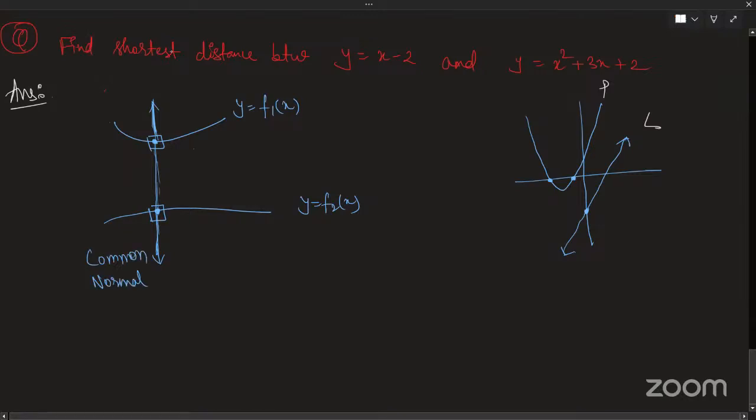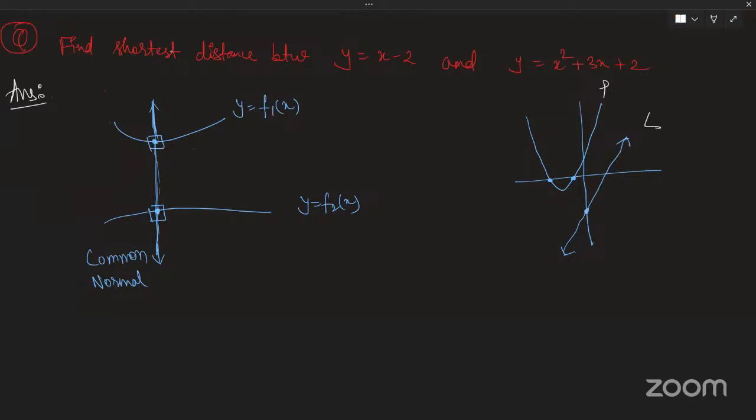Do you all know what is meant by common normal? Common normal means this line that I have drawn acts as a normal to both of these curves. I hope you have learned about normals in case of conic sections, the equations of normals of conic sections. The second equation that I have is of a line.